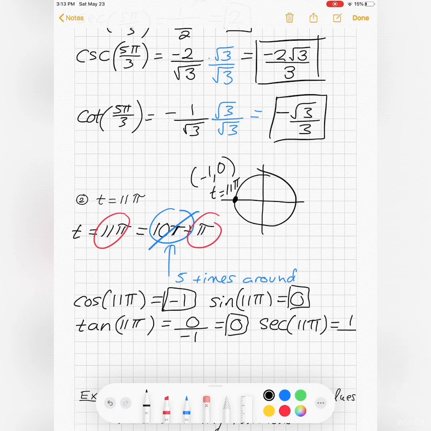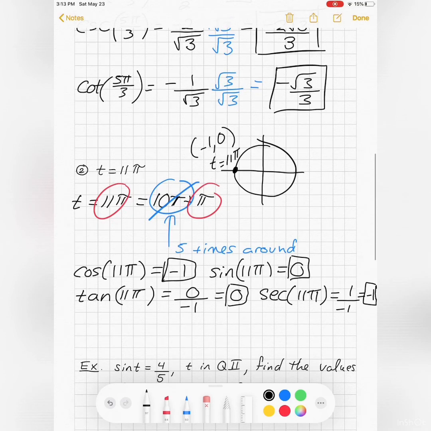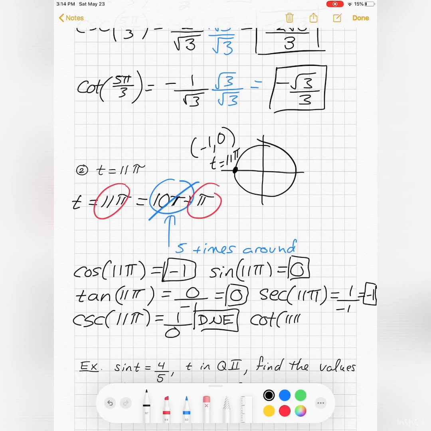Secant is 1 over cosine. Cosecant is 1 over sine. So actually there's one that's undefined. I would say DNE, does not exist, or I could say undefined. And then what about cotangent? That's 1 over tangent, so 1 over 0. So there's another one, does not exist or undefined.